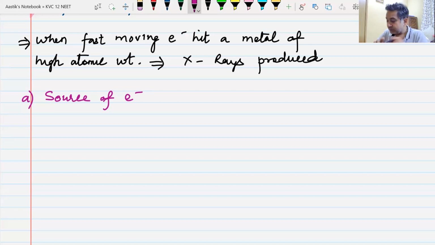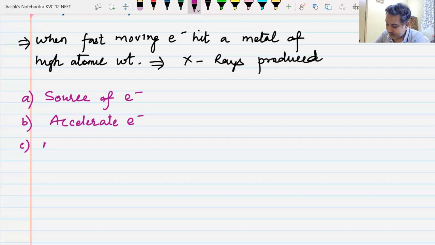Then, what is the next thing that you need? You need something to accelerate these electrons.